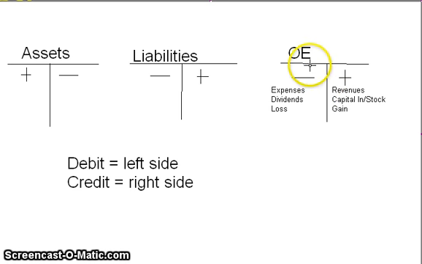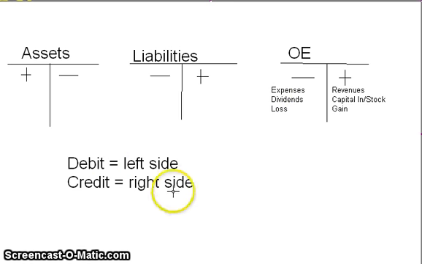Owner's equity is not just its own number, but it's actually combined of all of the components of the income statement, right? All of the revenues, all of the expenses, and then you would take away dividends and things like that. And all of those things from the previous balance, from the income statement to the statement of retained earnings, all flow together to be a final owner's equity. So all these accounts that build together to be owner's equity are all considered owner's equity types of accounts.